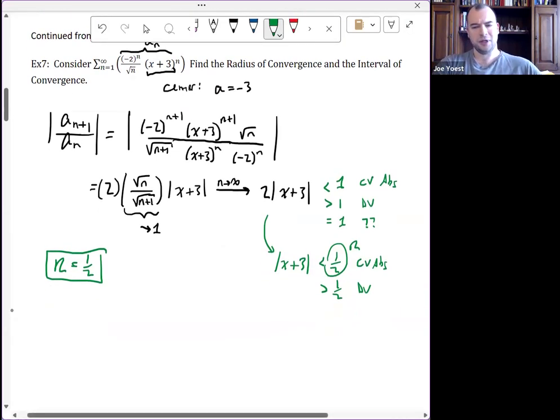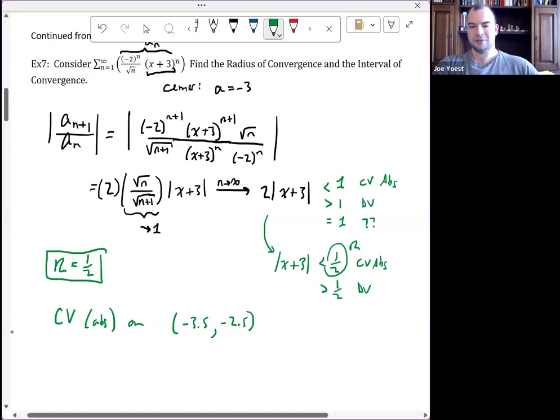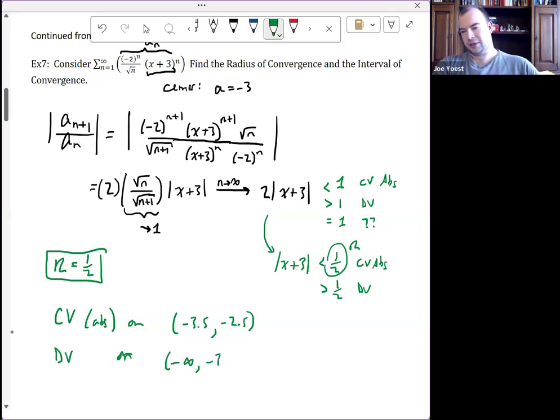Our center is -3. So what can I say? I can say that I converge absolutely on -3 minus a half, -3.5, to -3 plus a half, which is -2.5. On that open interval, I definitely converge and converge absolutely. I diverge on the open complement, when I'm more than a radius away: minus infinity to -3.5 open, union -2.5 open to plus infinity.